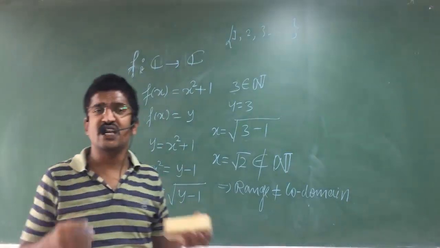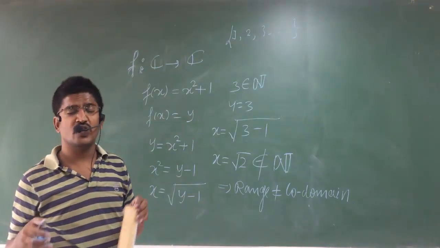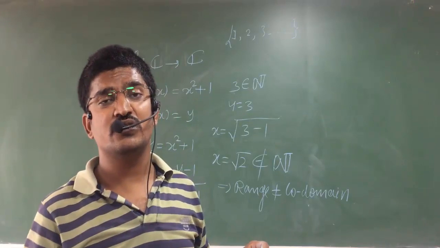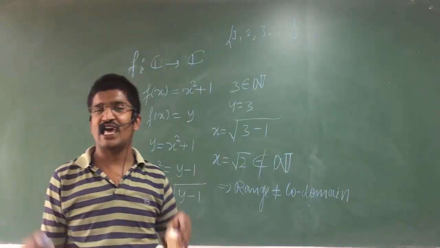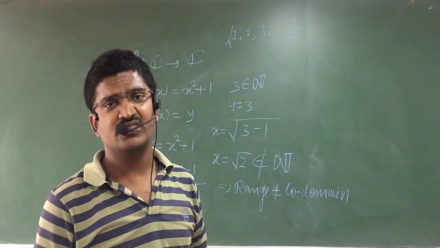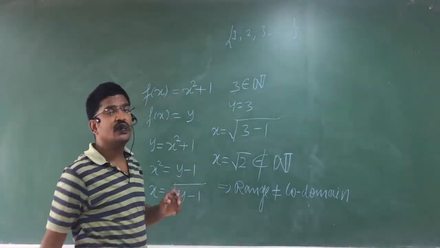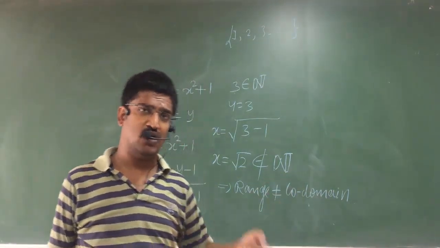But we always read real numbers to real numbers as a concept in our relations and functions. There we can't use complex numbers and we are not going to deal with that type of examples. So you don't try from C to C, or if it is your interest, you can try and see what will happen.